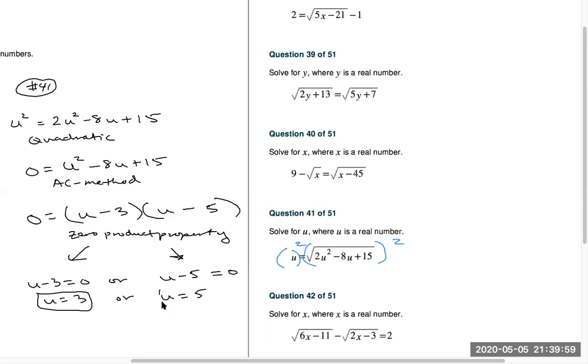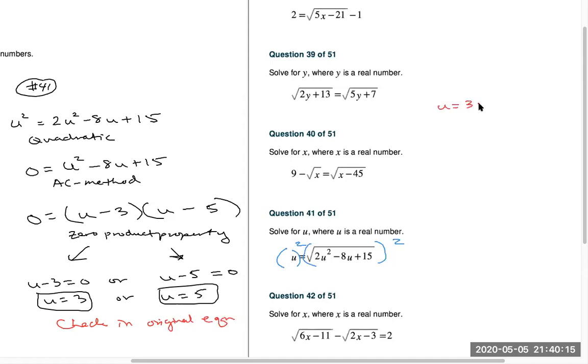Now let's box them both for now, but we also still need to check in the original equation.